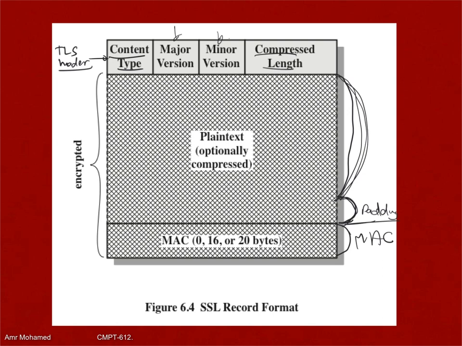That's why we need to report the compressed length, because otherwise the segment length and everything is reported as part of the TCP header, right? But here we need to report the compressed length without the padding. And when we say TLS works on top of TCP, this means that the payload is encrypted but the TCP header is not encrypted.